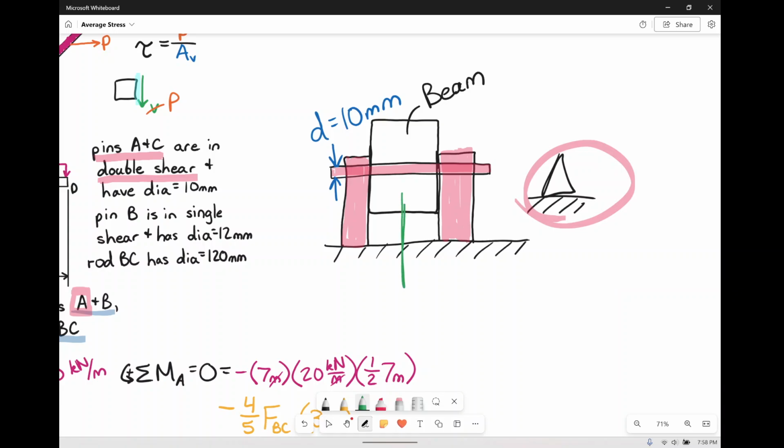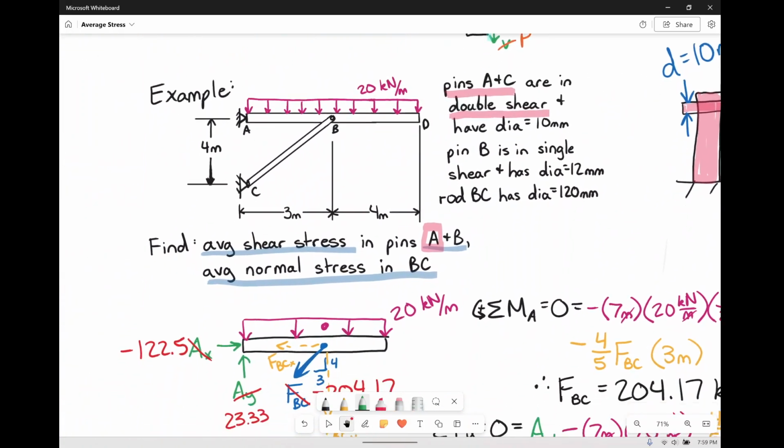We have the Y direction force, and the X direction force is going into the page, coming out of the page, however you want to look at it. So effectively, if I want to find the actual shear in this pin, I have to take the resultant of my reaction at A.